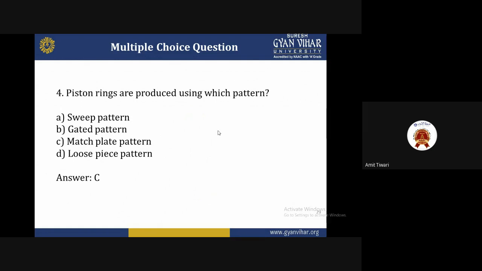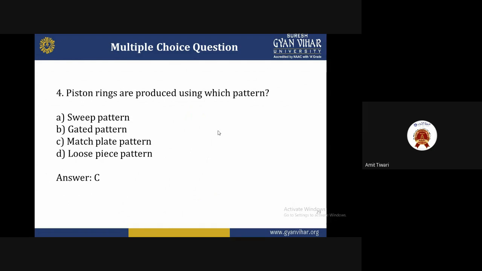If you want to make a piston ring for the application of an internal combustion engine, I'm giving this type of multiple choice question so you will understand the application of this particular pattern. With the help of this, you can fabricate the piston ring for the internal combustion engine.